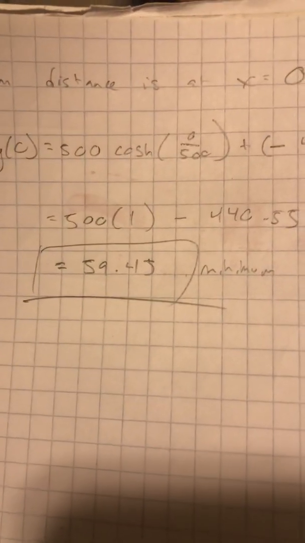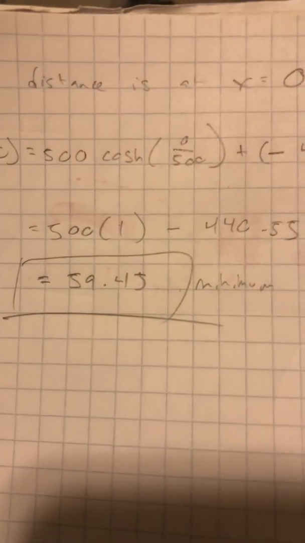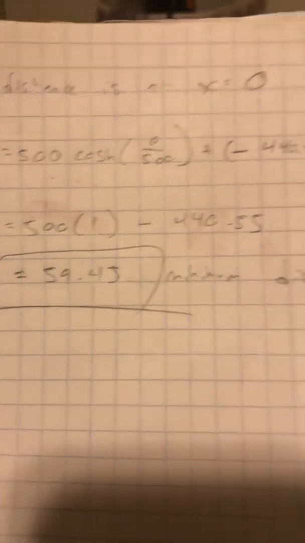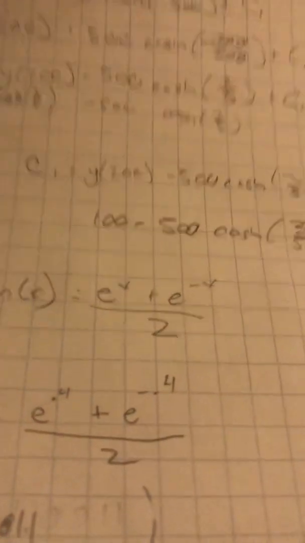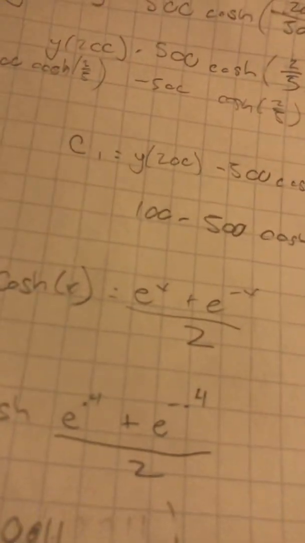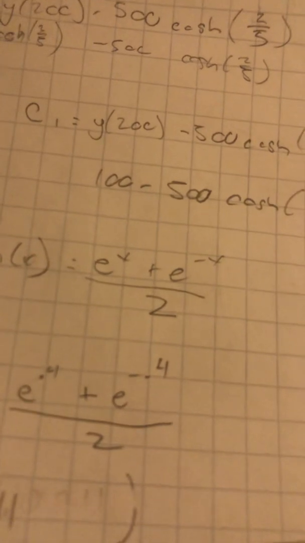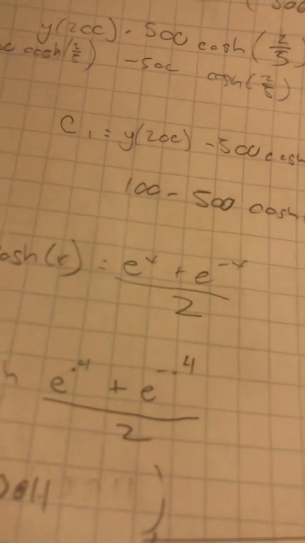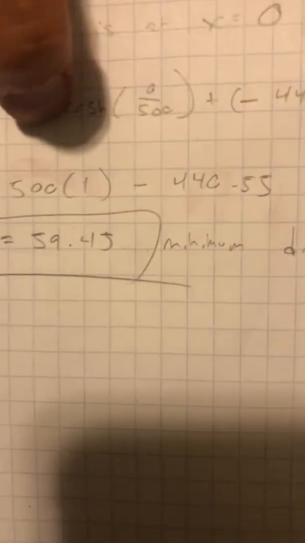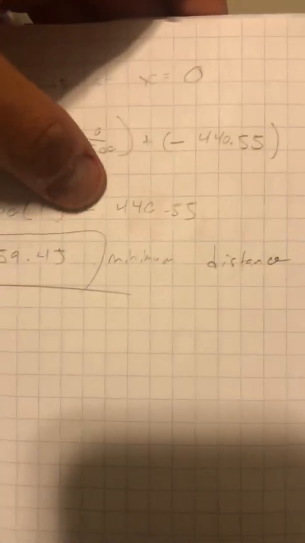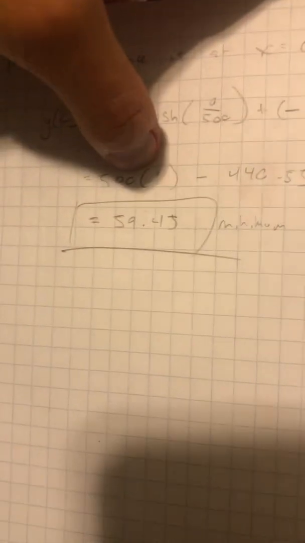We sub in the 0 over 500 for x everywhere x is in this formula, and what that leaves you with is e to the 0, which is just 1, plus e to the negative 0, which is just 1, so you get 1 plus 1 over 2, which simplifies to 1. You end up with 500 times 1 plus c, which is negative 440.55, to get 59.45, which is the minimum distance D can be. That's it, thanks.